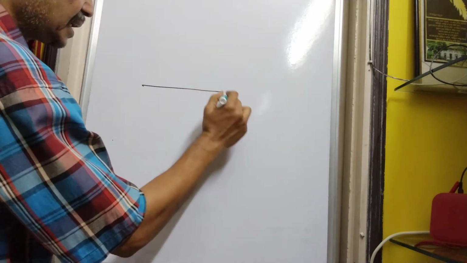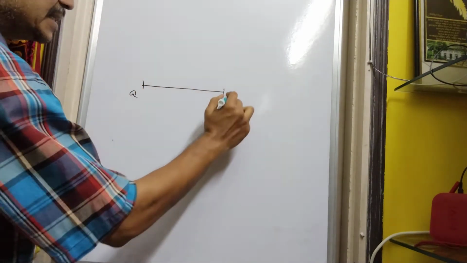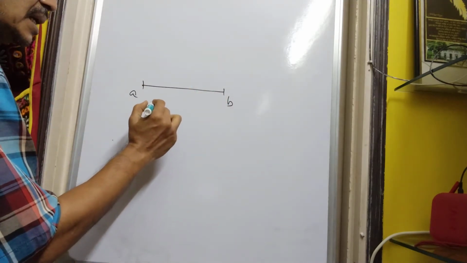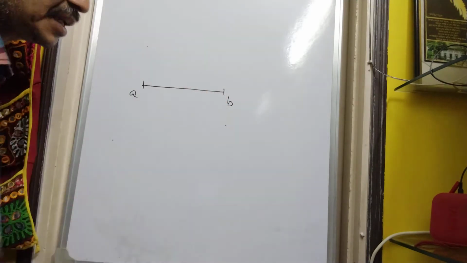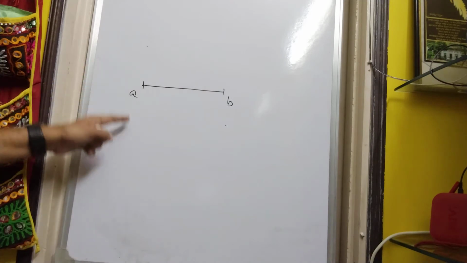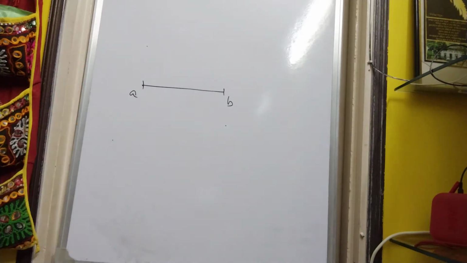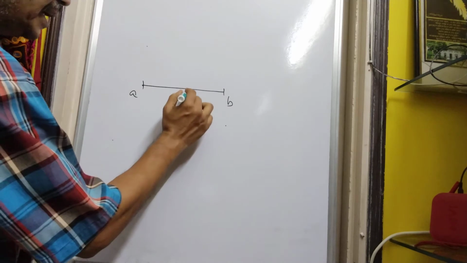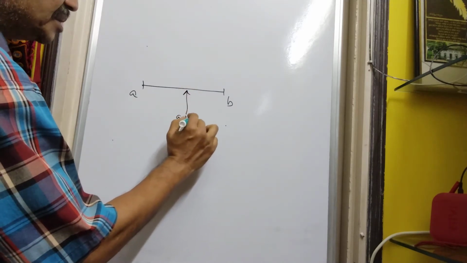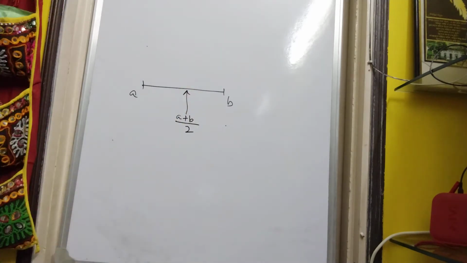Let us suppose that this is a and this is b. If fa is positive and fb is negative, there is no loss of generality. If fa is negative, we assume fb is positive. We take the middle point, a plus b by 2.